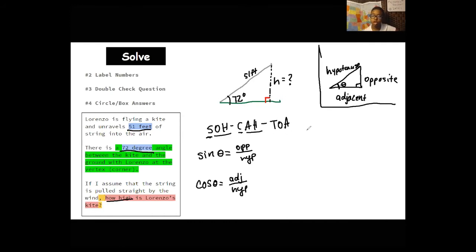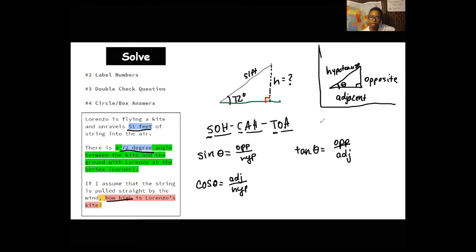Last is TOA. The first letter stands for tangent, the tangent function, and OA would be opposite over adjacent. That's what those letters stand for. And if you look at the triangle, we got opposite and we got adjacent right here, okay?